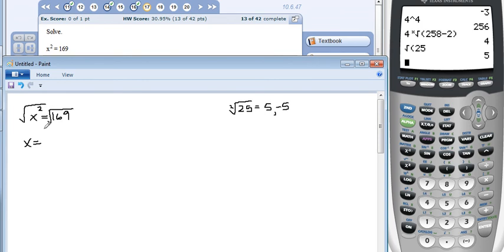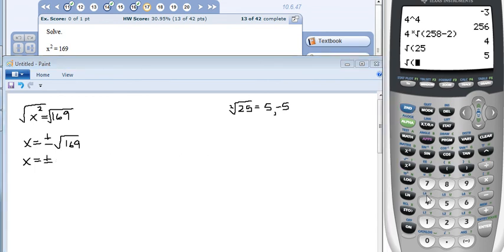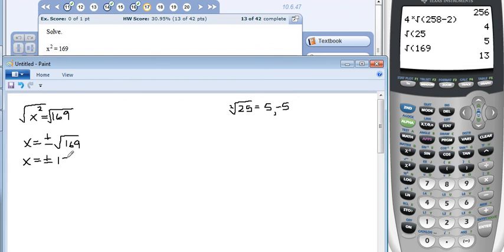And this has to be the positive and the negative values because I'm solving right from this. So x is equal to positive and negative the square root of 169, I believe, is 13. Better check that. 169. Yep. So positive and negative 13. Okay, so those are your two answers.